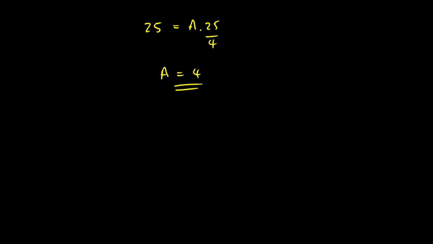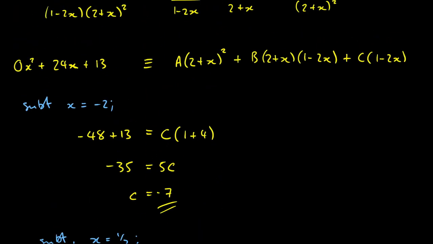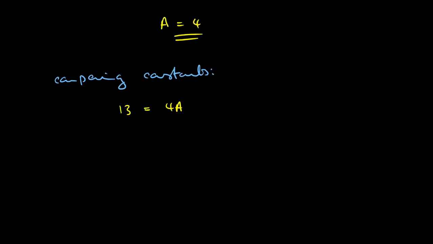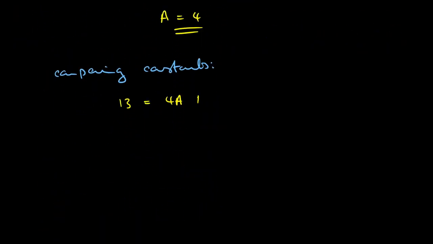So comparing the constants, on the left-hand side, I've got 13 is equal to 4a plus 2b plus c. And a we said was 4, so 4 times 4 is 16.